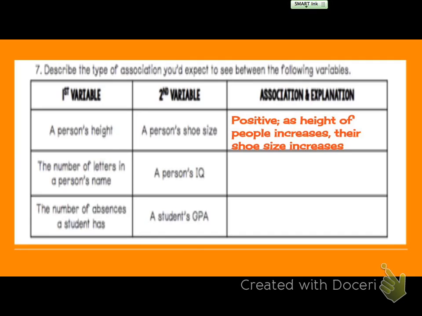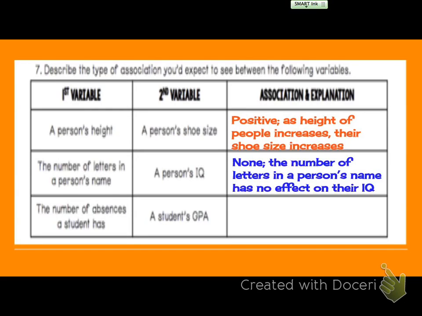So, the number of letters in a person's name and a person's IQ. Is it a positive, negative, or no association? No association. Just because Renaja has lots of letters in her name doesn't mean she has a high IQ, right? Doesn't mean that.